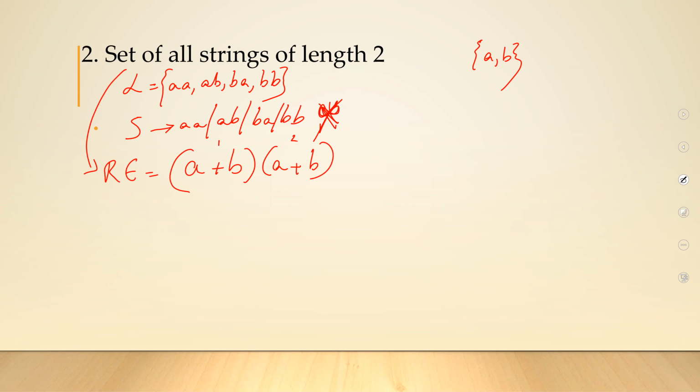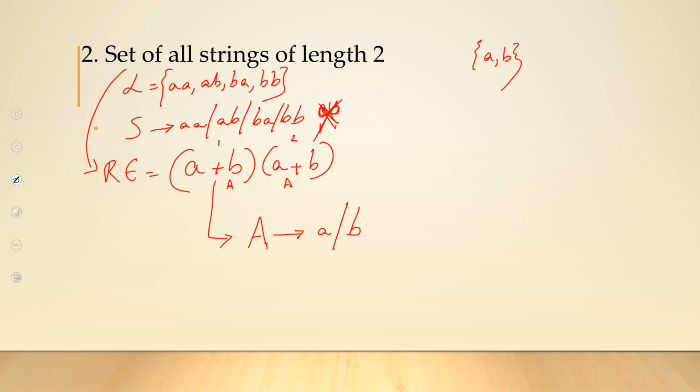Now, there are a few basic things you need to learn. When you want to give a grammar for either a or b, I'll just use a symbol called A. You write it like this: A goes to a or b. So this is my production rule for this particular thing. A is either a or b.